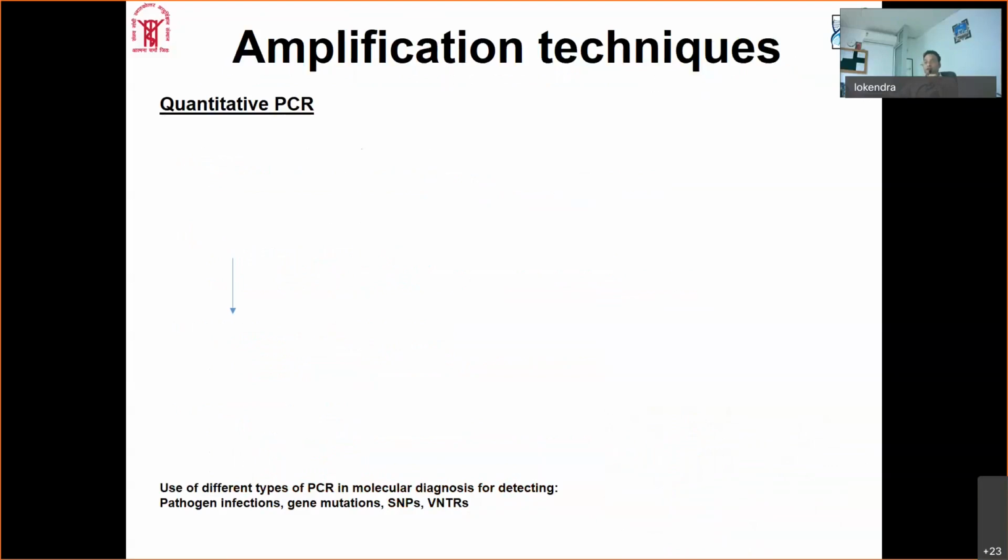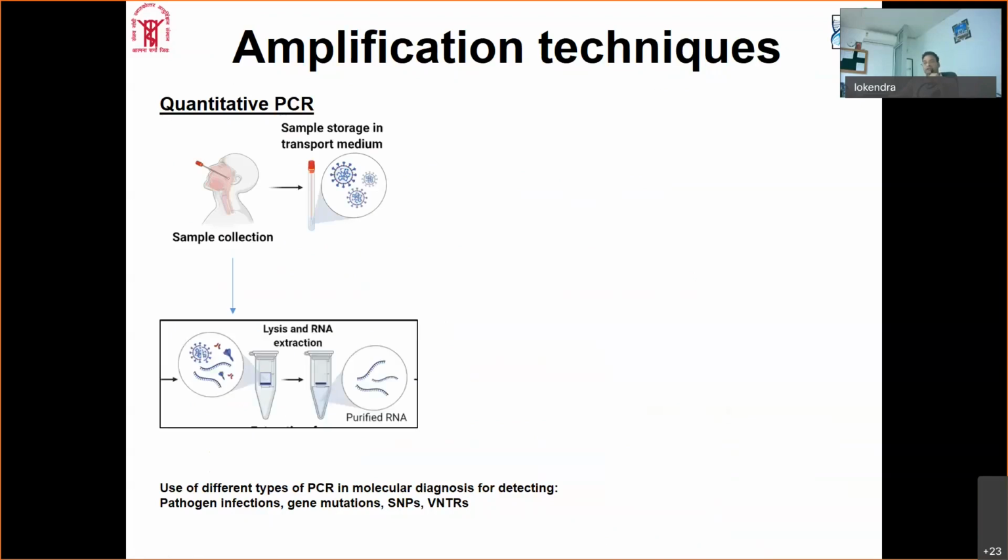So quantitative PCR, again, it's a kind of real-time PCR in which you detect exact copies or exact expression of your gene of interest. So, for example, in case of COVID, generally the samples are collected, oropharyngeal or nasopharyngeal samples, and these are transported in the VTM, that is viral transport media. So there's a sample collection center, and then in these viral transport media, there is a system.